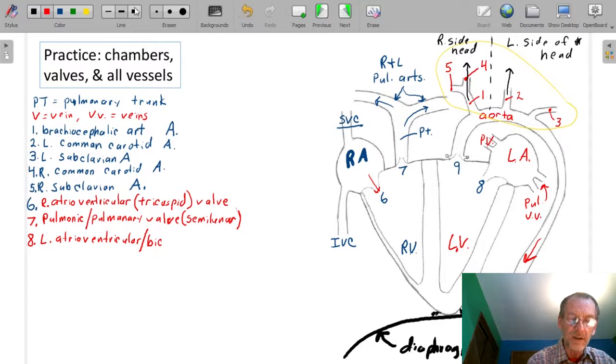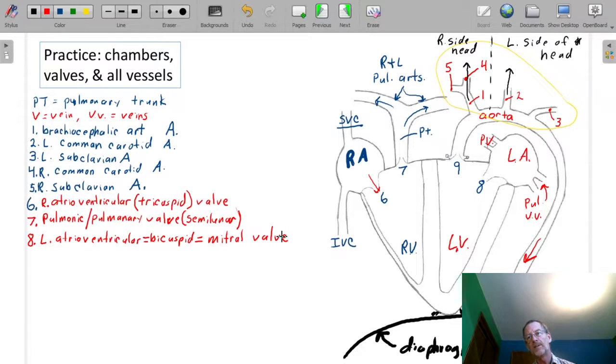I'm going to change this for your notes, so bear with me, it's not a big deal. Left atrioventricular valve also equals the bicuspid, which is also the same thing as the mitral valve. You can call that valve any one of those three, but you need to know all three. So if I refer to the mitral valve, you know that it's the same as the bicuspid or the left atrioventricular valve.